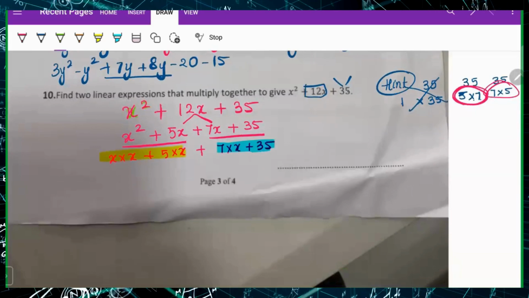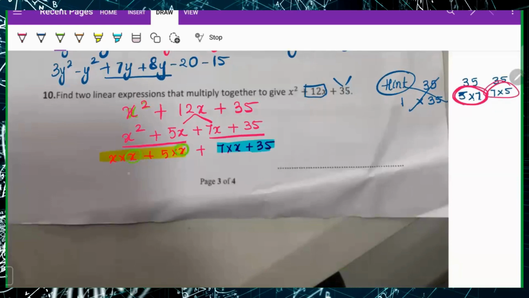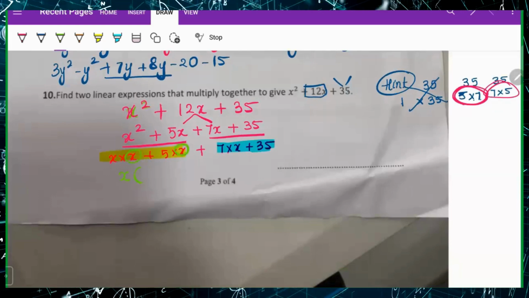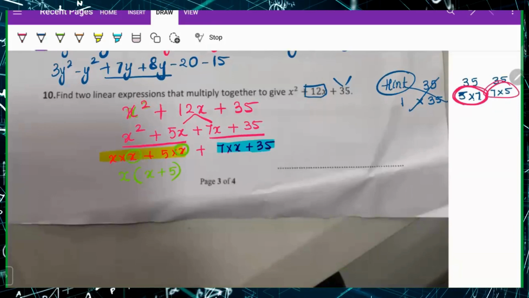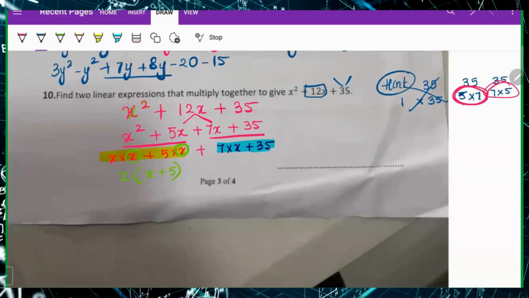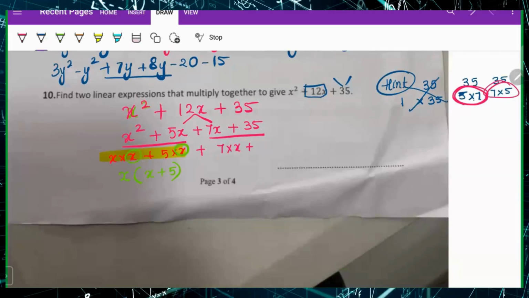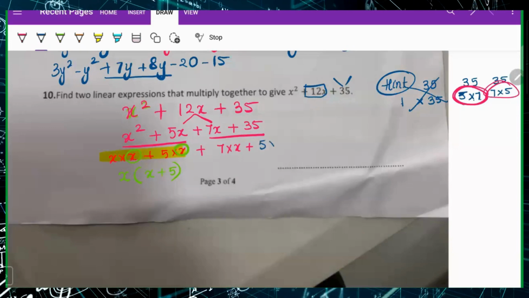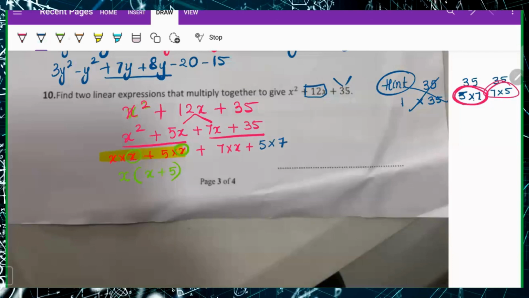Now, is there anything common in here between these two terms? Yes, that 1x, right? So I'll take that x out, and in the bracket I will write x plus 5. Then in this case, is there anything common? See, 35 can be written as 5 into 7.